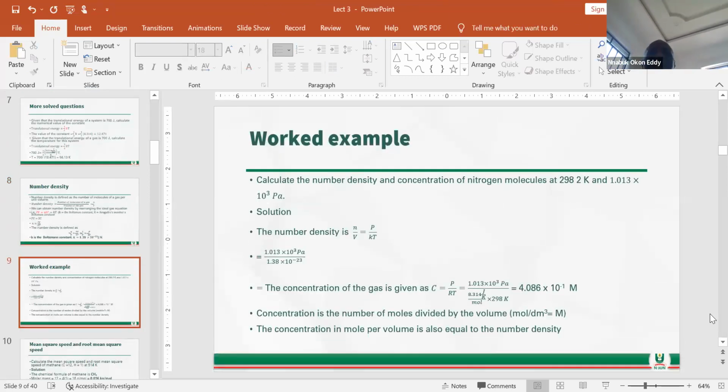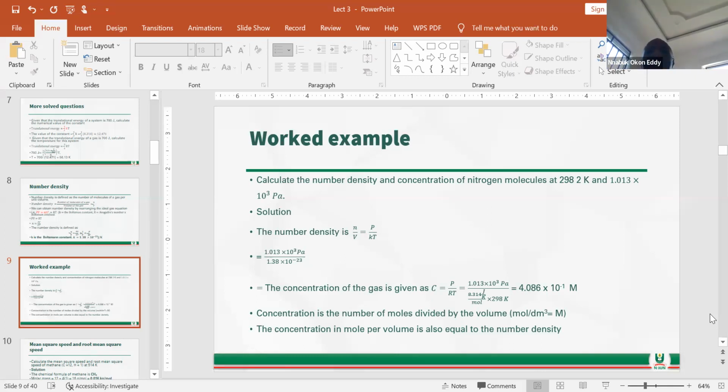So we now look at a worked example. Calculate the number density and concentration of nitrogen molecules at 298.2 Kelvin and 1.013 times 10 raised to the power of 3 Pascal. That's the pressure. You know from that formula that the number density is pressure all over Boltzmann constant times temperature.